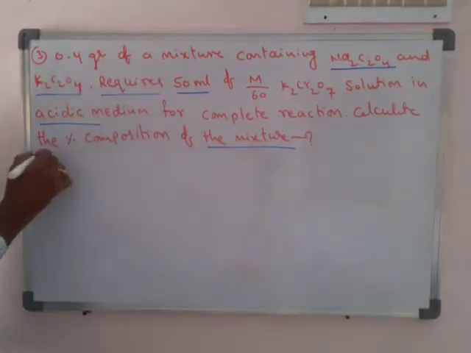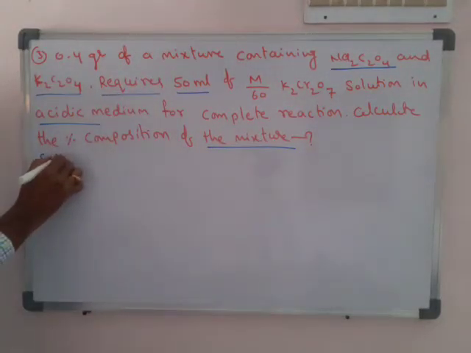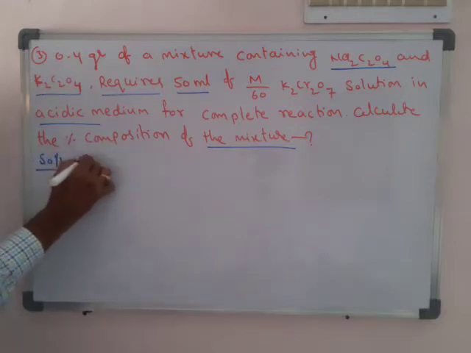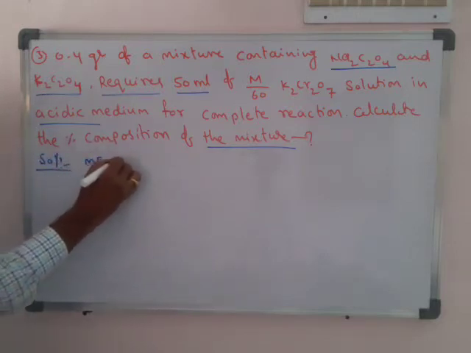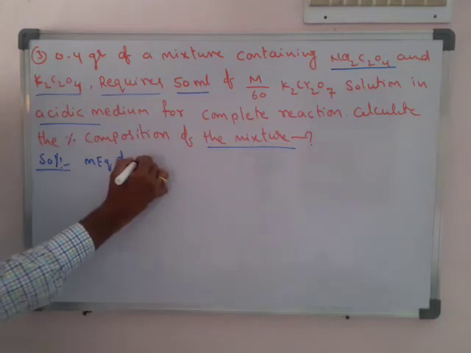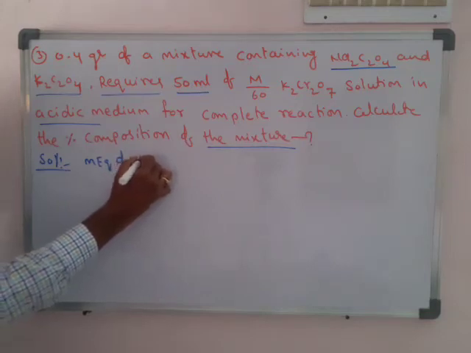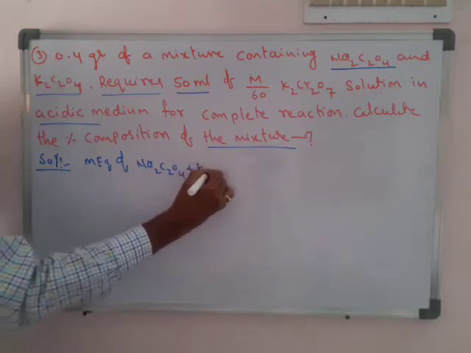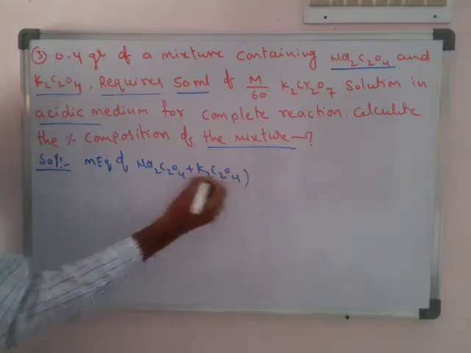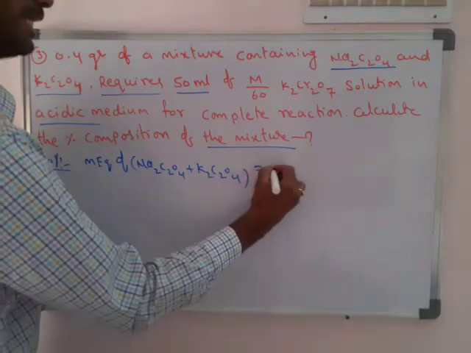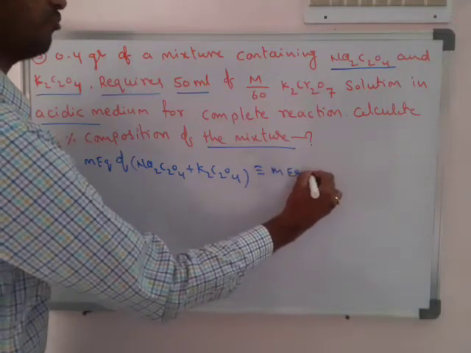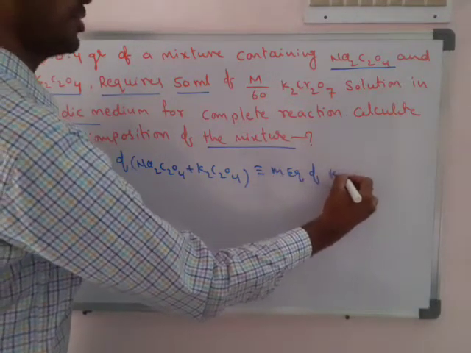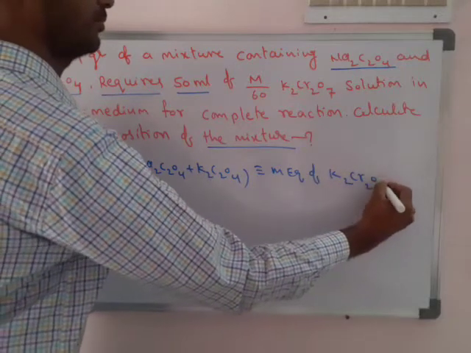So the reaction takes place, which means we can write the milli equivalence of the mixture. Milli equivalence of mixture means milli equivalence of Na2C2O4 plus K2C2O4 is exactly equal to milli equivalence of potassium dichromate.